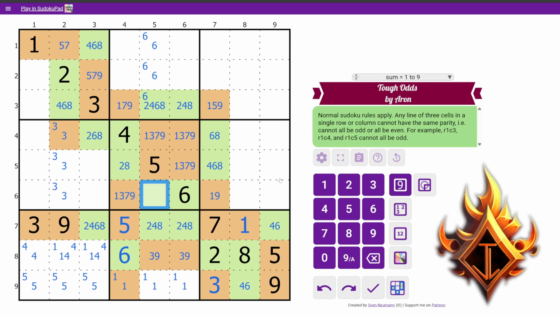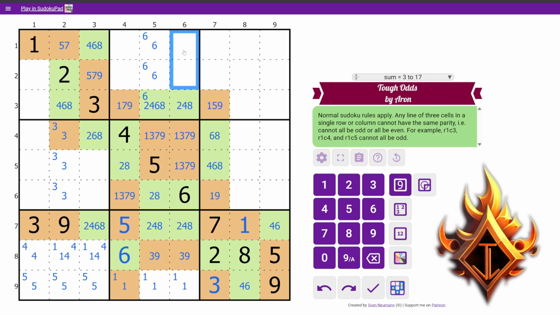What is this? 2 or 8? Do I have any combos anywhere? Or do I do more Sudoku?